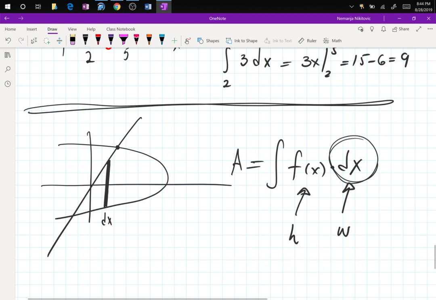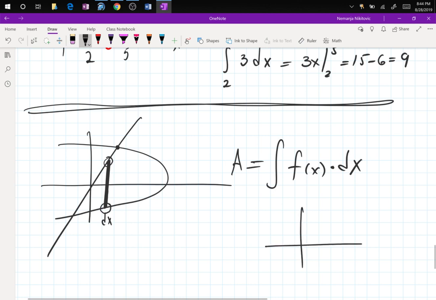So now, this dx is actually the width of this, and look at the height. It goes from one function to another function. Right? So if I have this right, like this, and I draw my representative rectangle dx here, you see that the height is riding the f of x function, and the bottom is riding the g of x function.